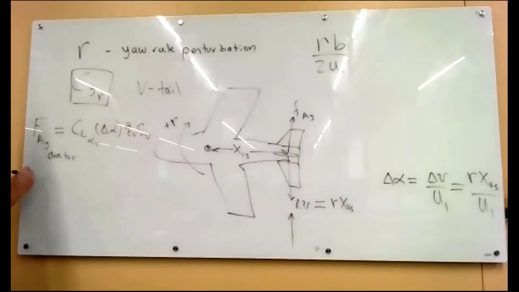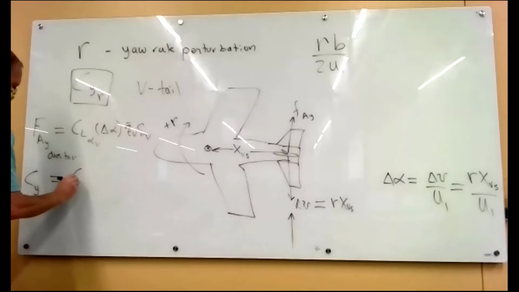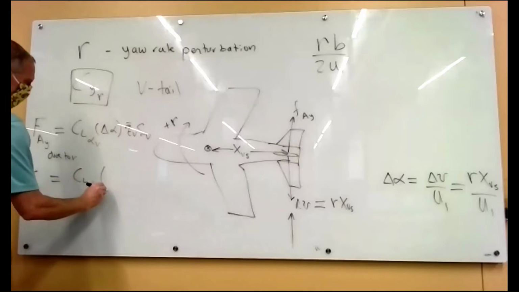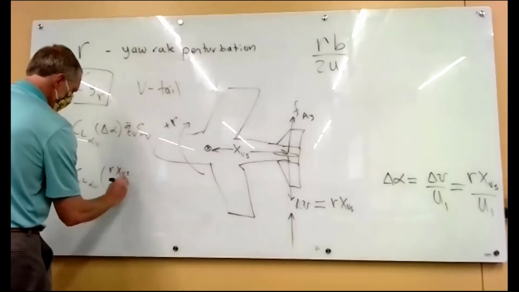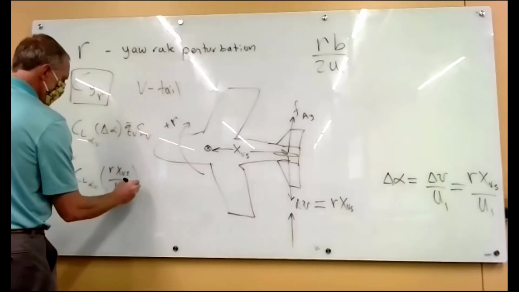And so we want to turn this into a coefficient, CY. So let's plug in delta alpha, it's R, like that.